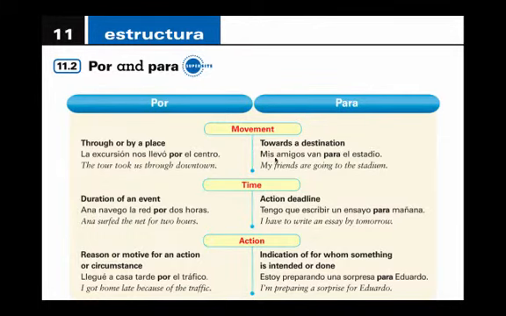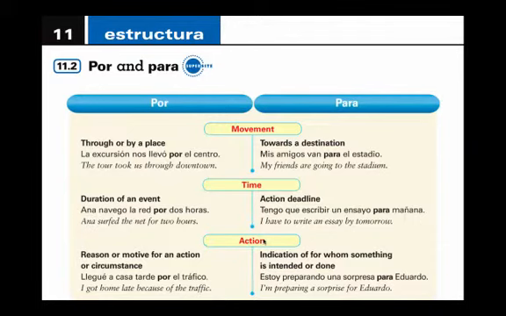Mis amigos van para el estadio. Another comparison, looking at time: we look at the duration of an event, we use por. Ana navegó la red por 2 horas. Action deadline: Tengo que escribir un ensayo para mañana.